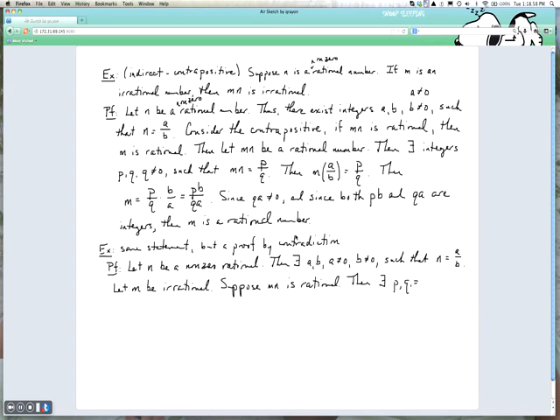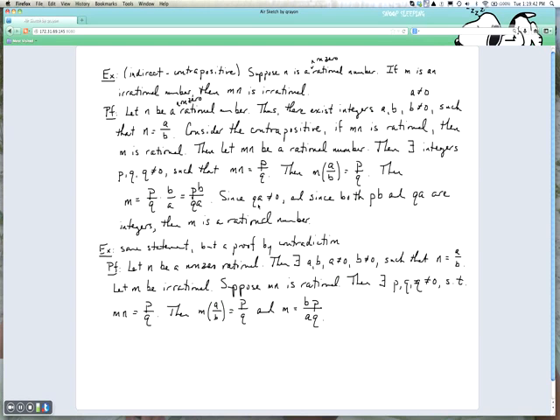Then there exist P and Q, Q not equal to 0, such that Mn equals P over Q. And that means that M... this looks very similar. And then M is equal to PB over AQ.